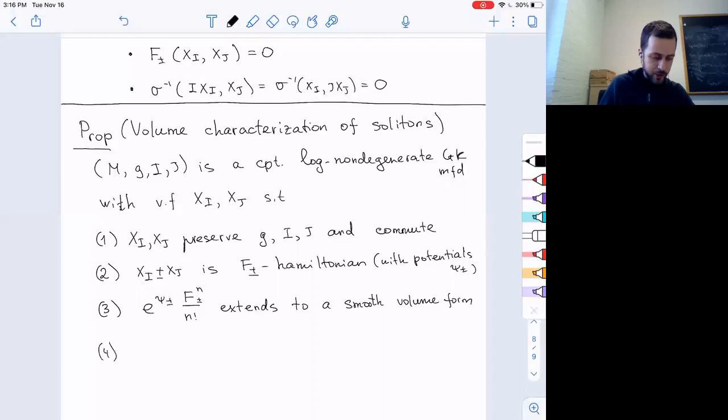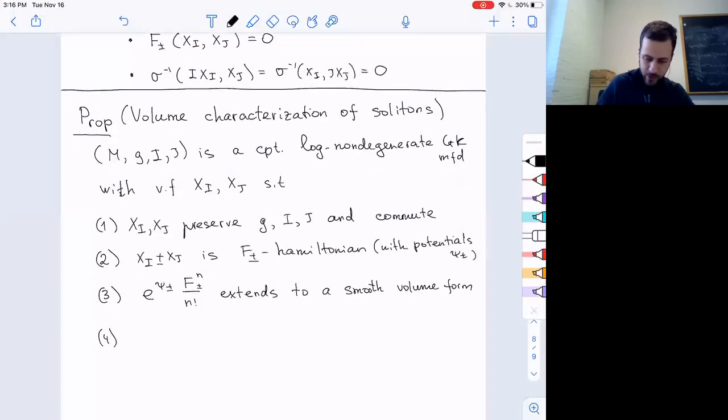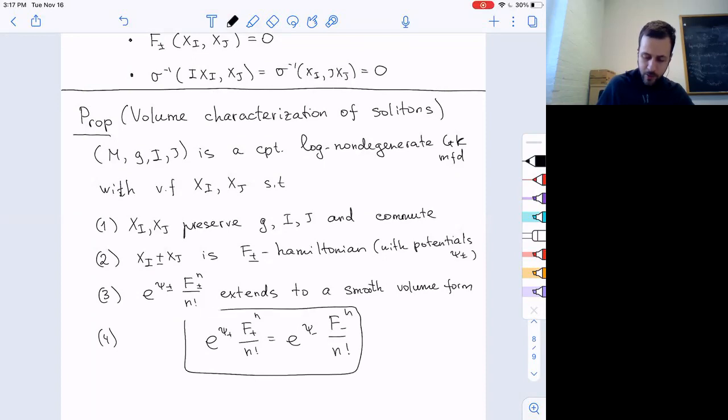And the key equation is the next one: these two volume forms, obtained after extending across the entire manifold, are equal to each other. e to the psi plus F plus to the n over n factorial equals e to the psi minus F minus to the n over n factorial. So this is the key equation here.